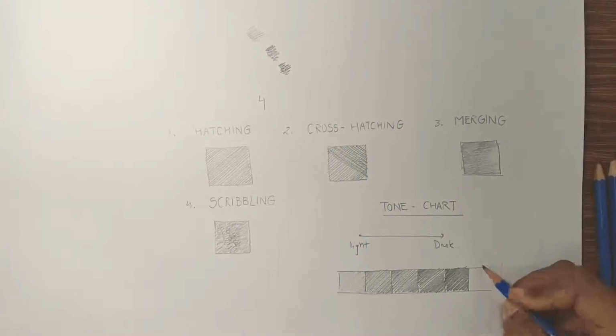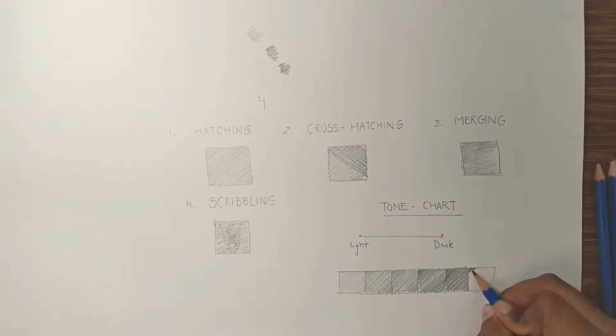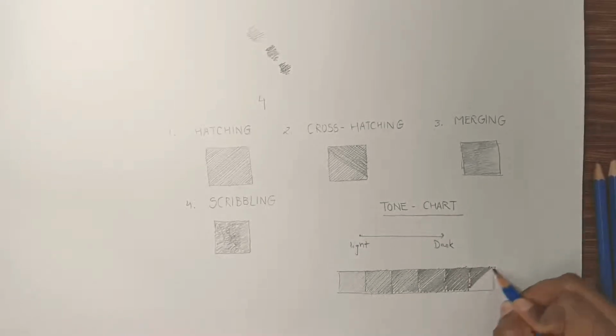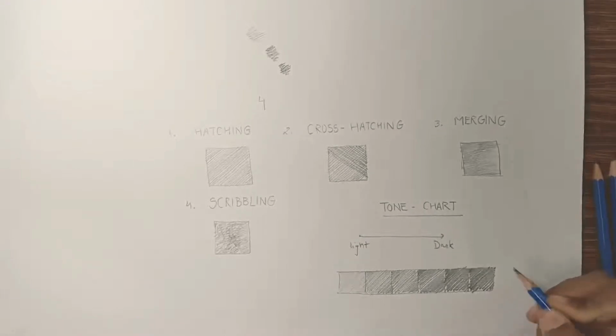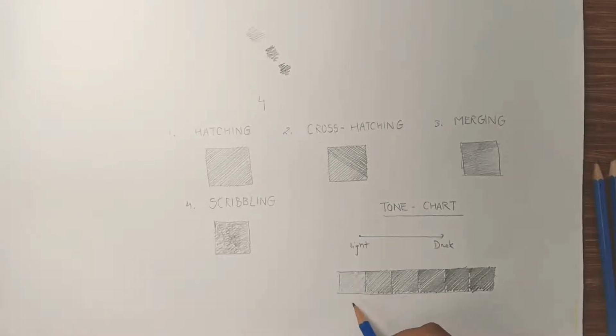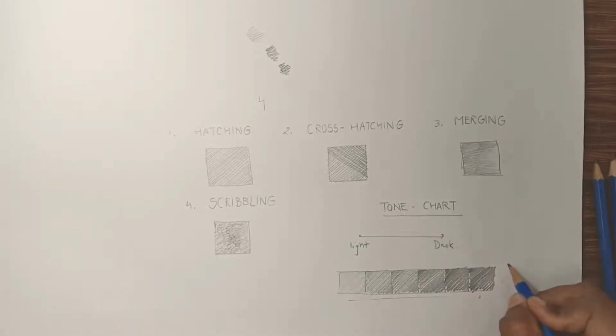And finally, the most pressure you can apply with this shade of pencil. So you can see how we are going from light to dark with the same pencil. This is called a tone chart with a 2B pencil.